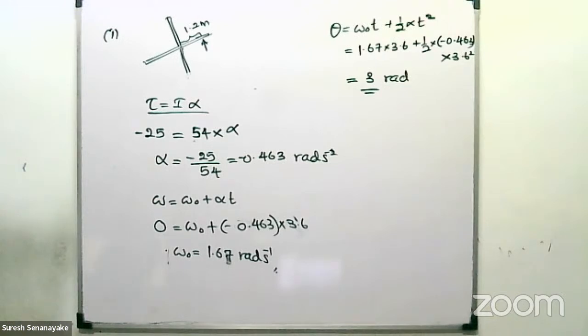It's clear. All right, then the B part. On exiting the building, the person exerts the same magnitude of force, at the same distance from the axis of rotation.